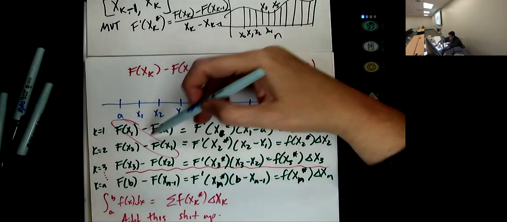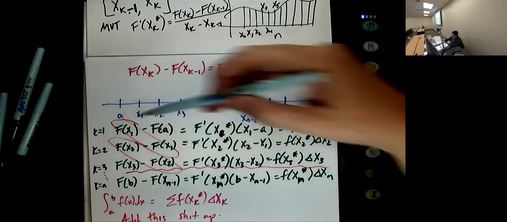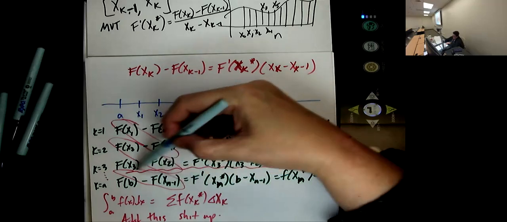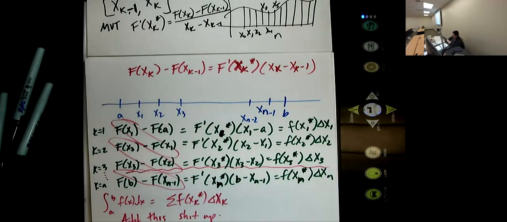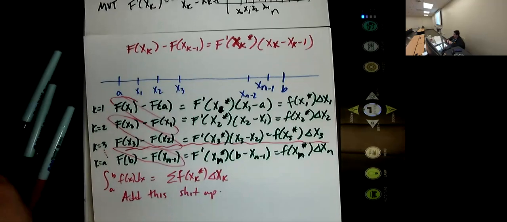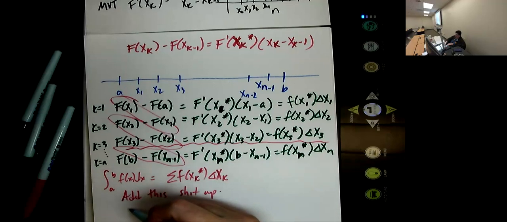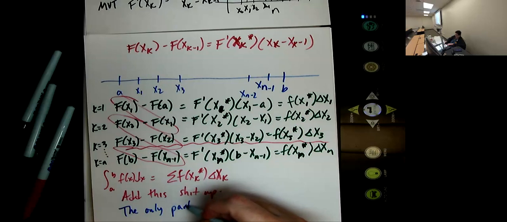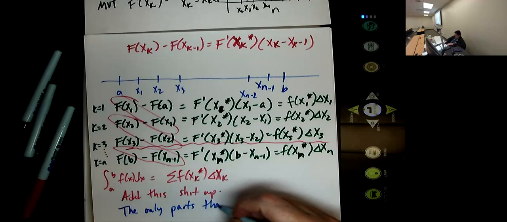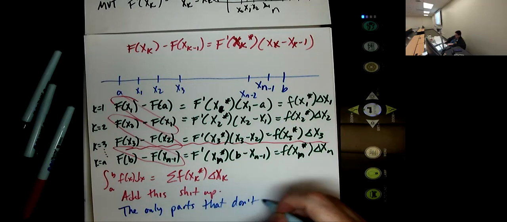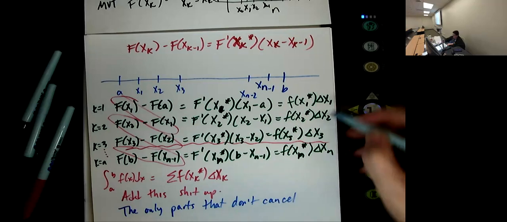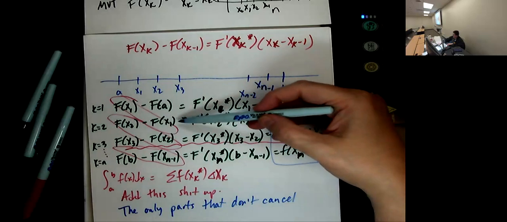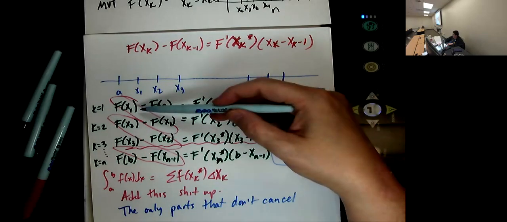Those cancel. Those cancel. When you get down to the bottom, these will cancel. The only things that don't cancel, because we're adding up these, we're adding those, which means we're adding these, but that's negative f of x1 and that's positive f of x1.